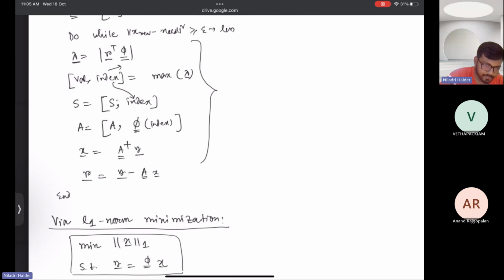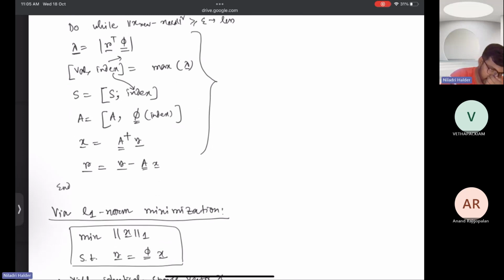Then there is the convergence rule. Then you find lambda equal to the absolute value of r transpose phi. Then you need to find the position of the maximum value of lambda, which is found here. This index takes the position of the maximum value of lambda.